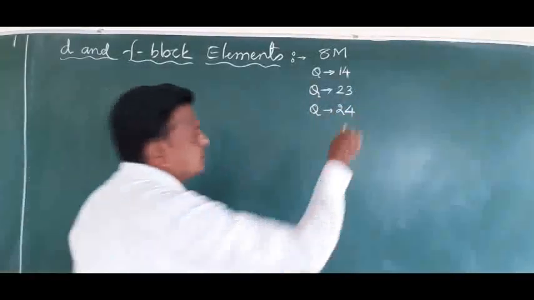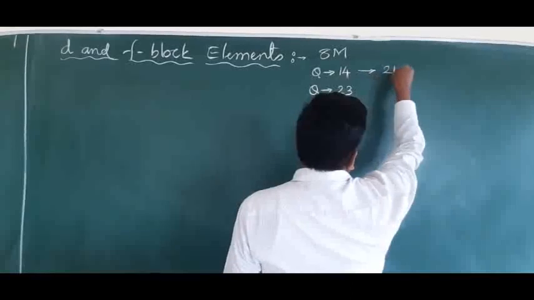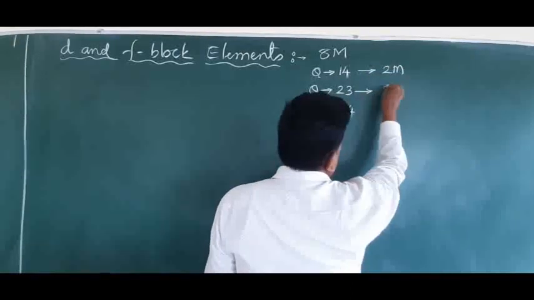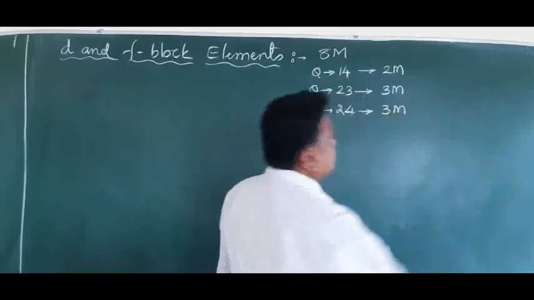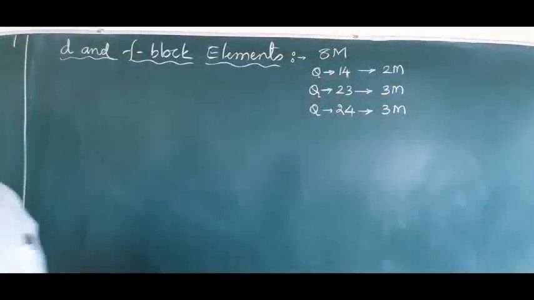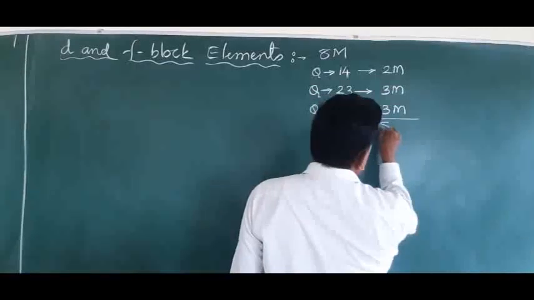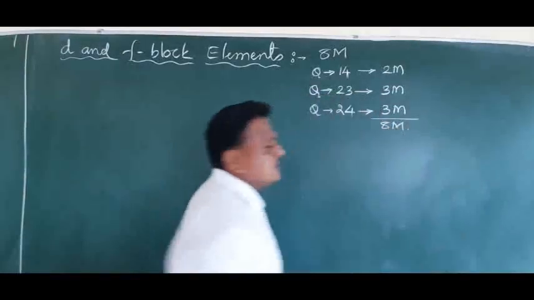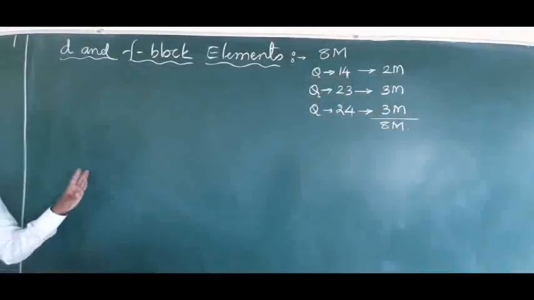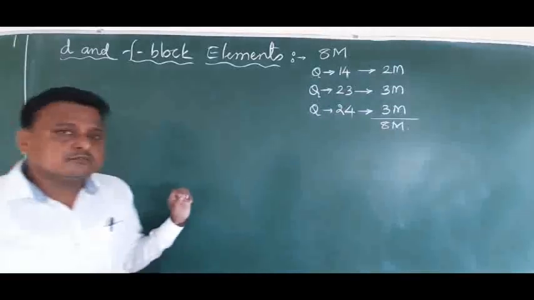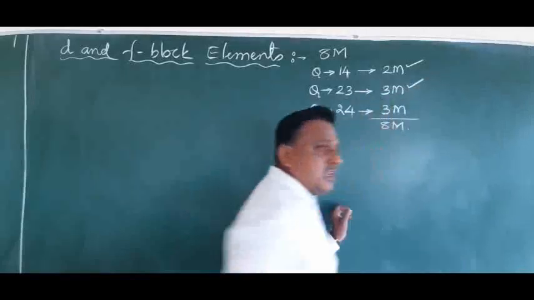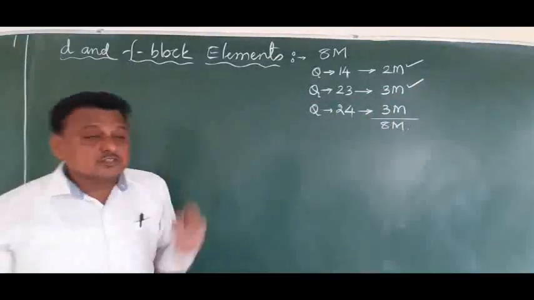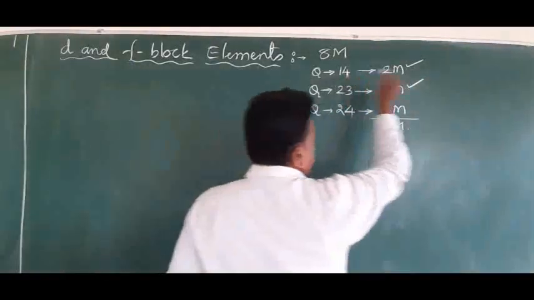Question number 14 has 2 marks, 23 has 3 marks, and 24 also has 3 marks. Total weightage of this chapter is 8. According to our blueprint and our NCERT syllabus, we already know these 2 questions. What are these 2 questions? Yes, sir. Question number 14.